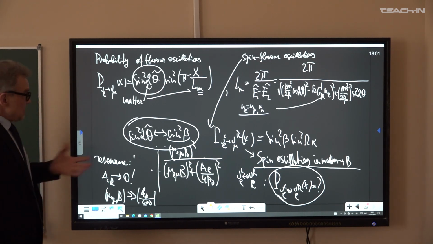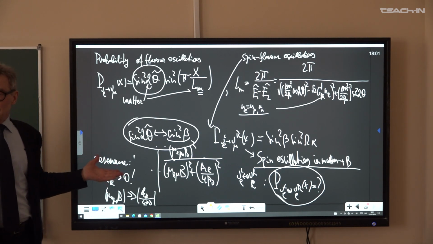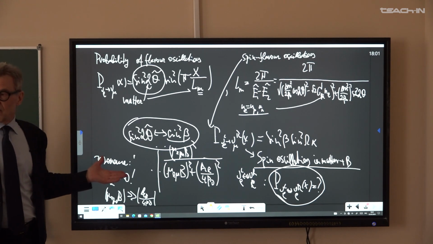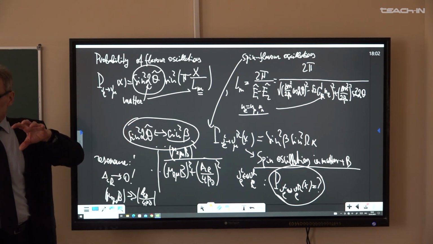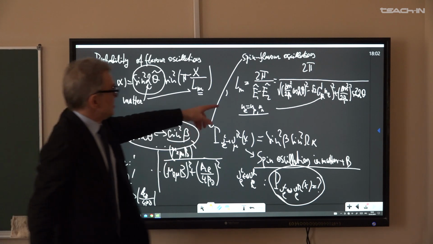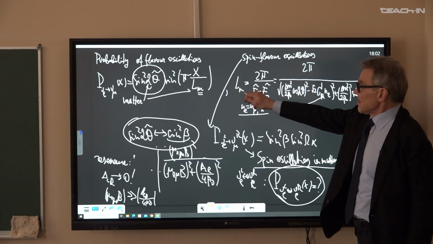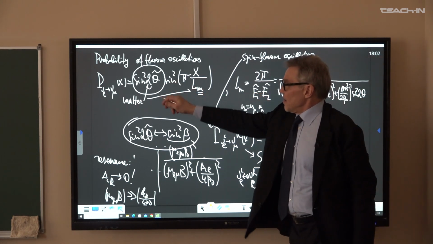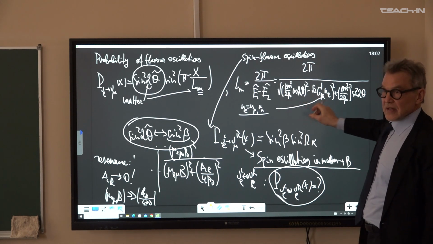This is in effect similar to the famous Mikheyev-Smirnov-Wolfenstein resonance in the case of neutrino flavor mixing in the presence of matter. Matter can kill this term, but the amplitude of oscillation also has this term in the denominator.